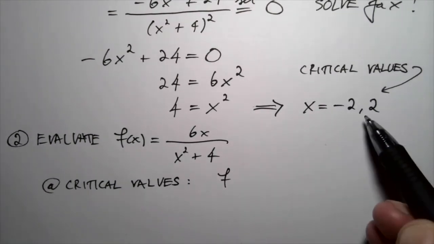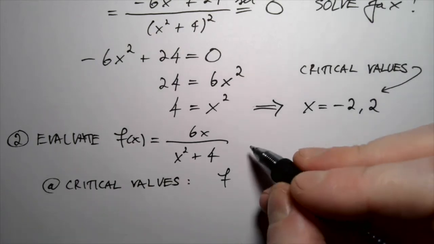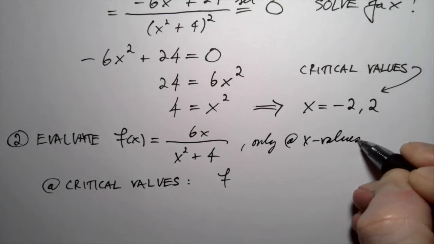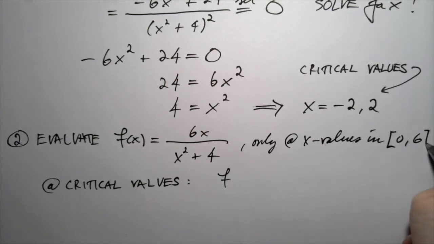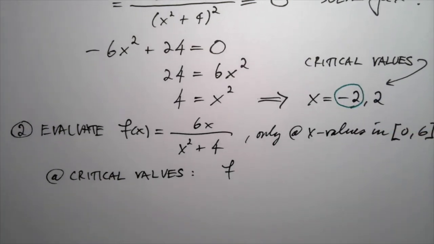Oh wait, there's an important point here. We need to evaluate this function, but only at the x values that are in the interval that we're considering. We're only considering the interval from 0 to 6. That was given to us in the problem. So we can actually save a little bit of work here. We don't need to consider this minus 2.